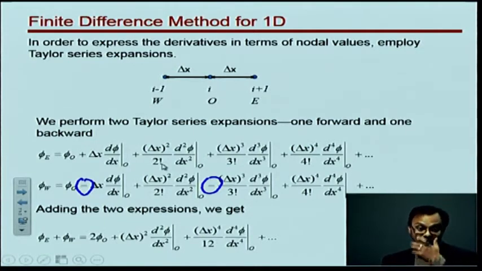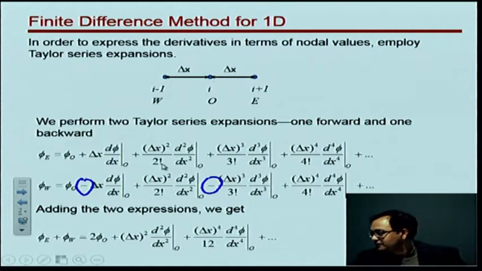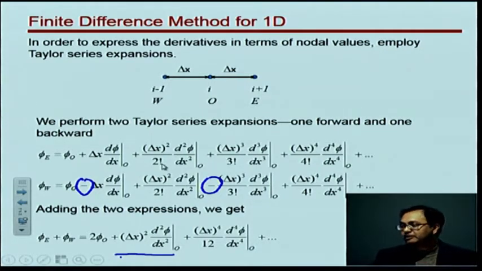So we have 1 over 2 factorial, which is half. Half plus a half gives us 1. So we get 1 times delta x squared times d squared phi dx squared. And then the third derivative again cancels out. This and this canceled out.